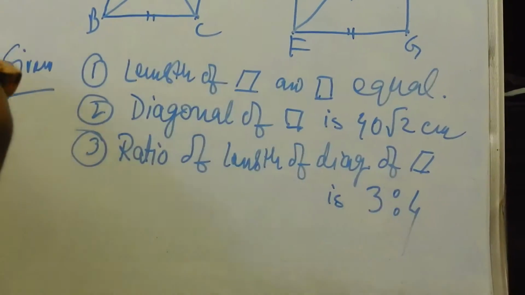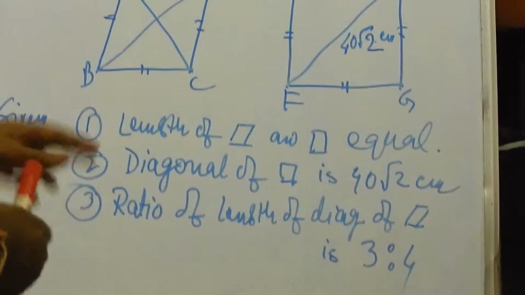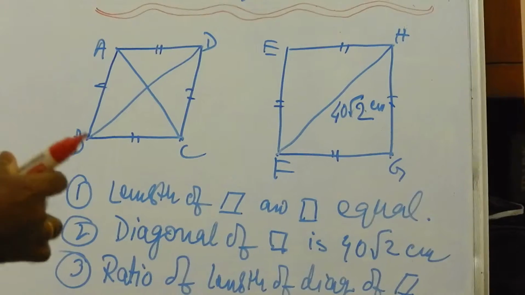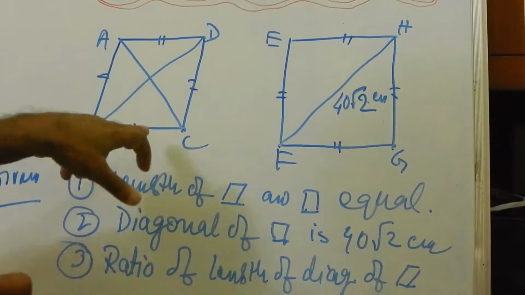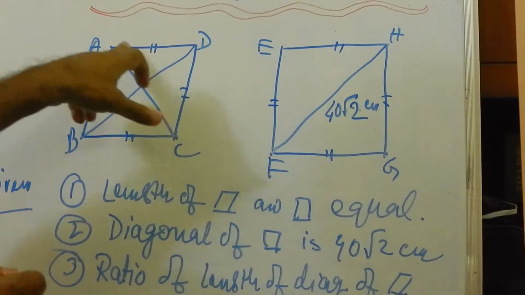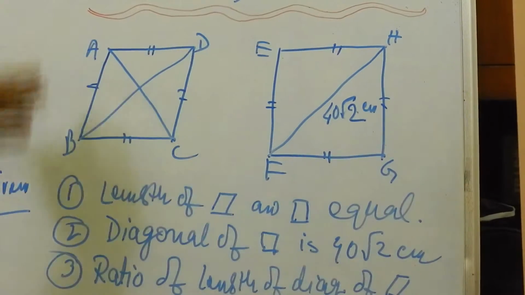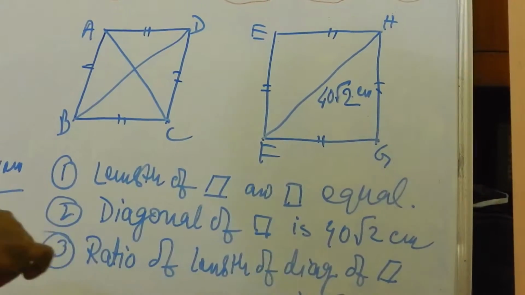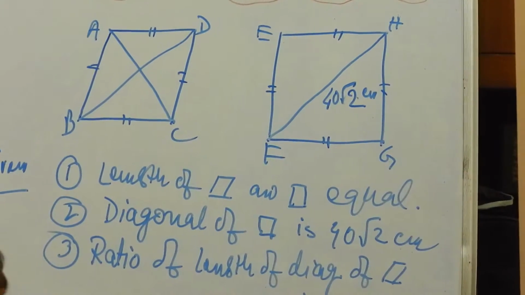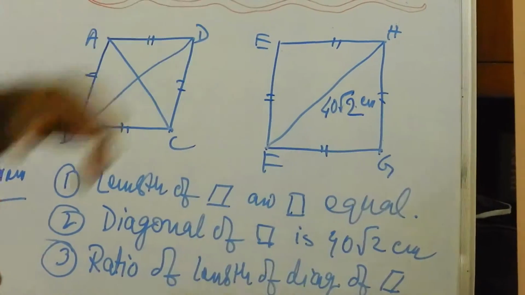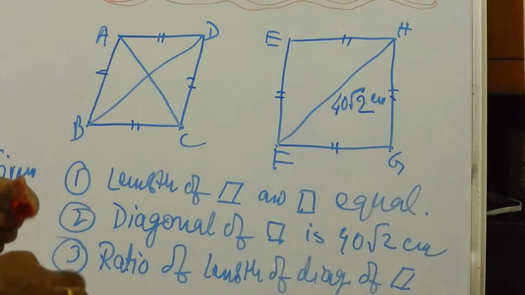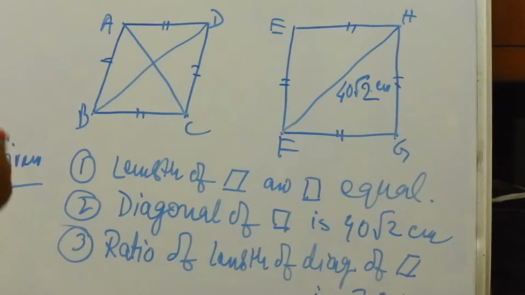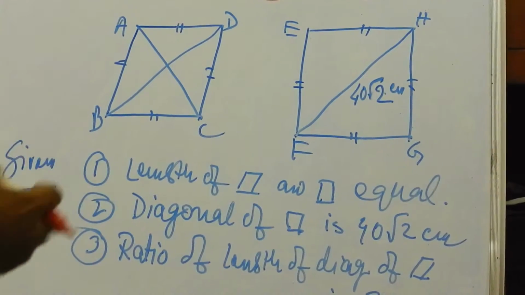I again repeat, here is a rhombus, here is a square. The first clue is that the sides of rhombus and square are equal, AD equal to EH, AB equal to them, they are all equal because rhombus and square both have equal sides.